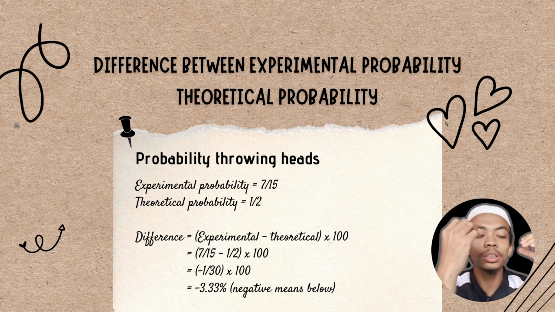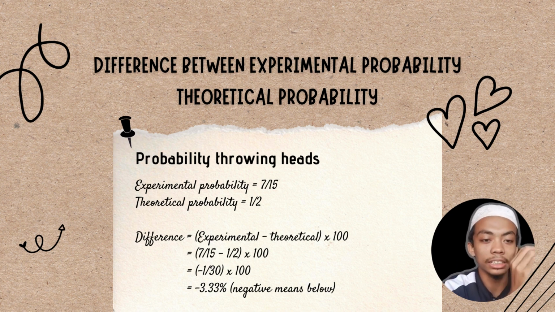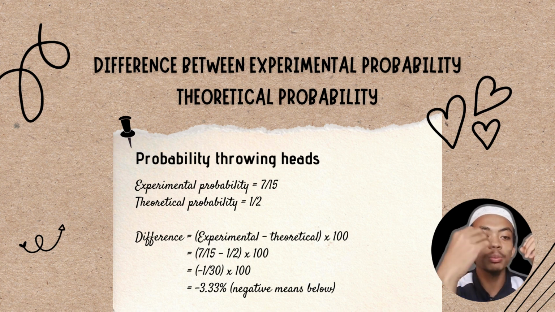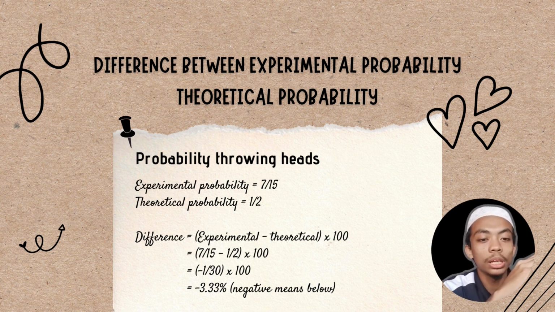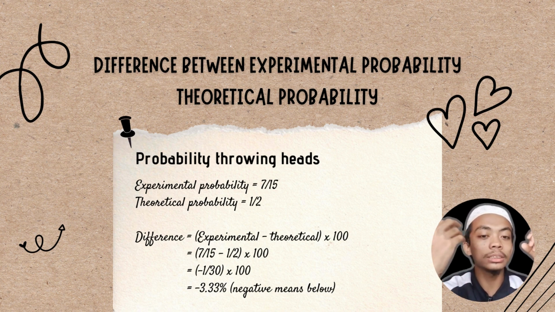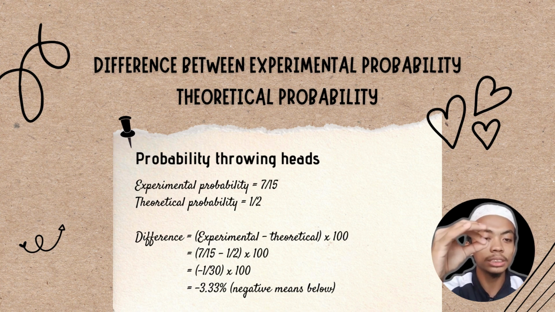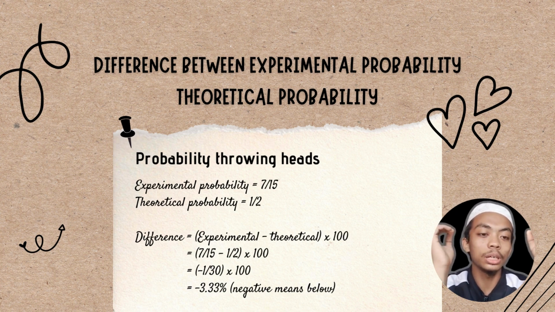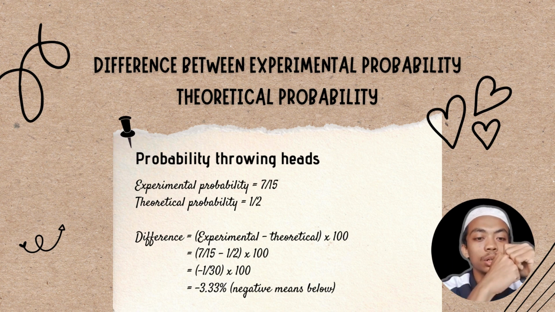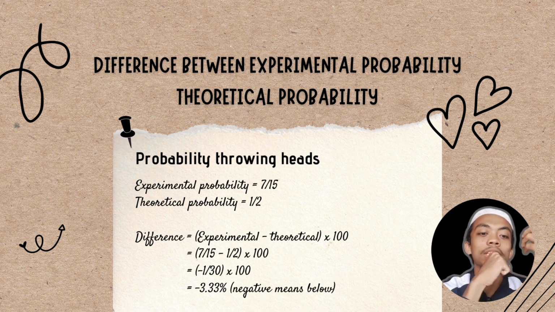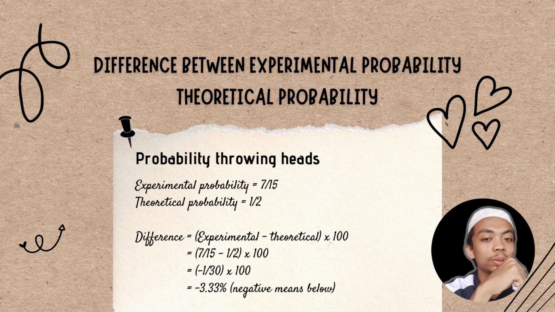For the probability of throwing heads, the experimental probability shows 7/15 and the theoretical probability shows 1/2. To find the difference, we subtract the theoretical from the experimental, and to get the percentage, we multiply by 100.